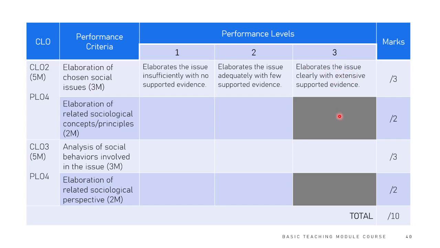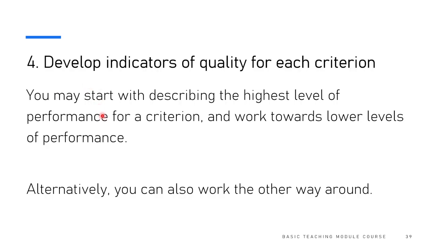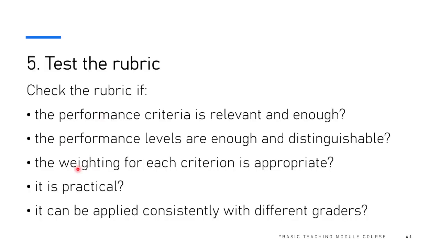Sometimes we don't want cases whereby you give 4 marks here and 1 mark here, but the description is huge. The expectation is very high, but you are weighting it for 1 mark only. So you need to consider the fairness as well in terms of the weighting. That's what it means by the weighting for each criterion, whether it is appropriate or not.